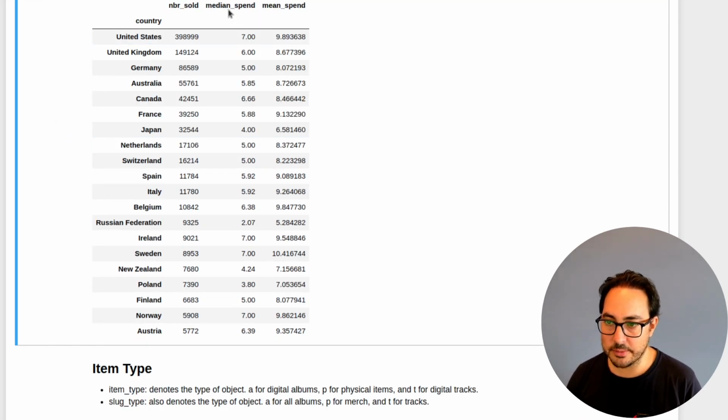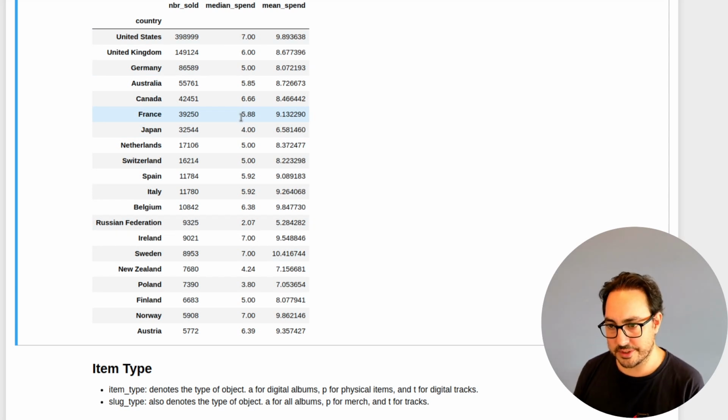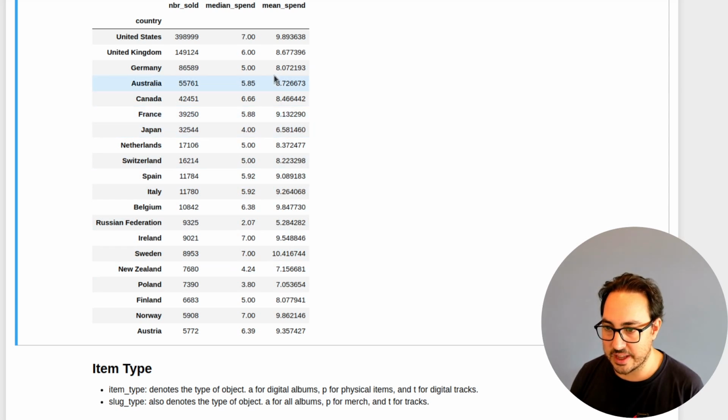And here we have the median spend for this time period, 22 days, and the average spend. So we can see here what I was mentioning before, that the mean is generally larger than the median when you have a skewed distribution. But in some cases, they are not that different. So 6 and 8, not that far.